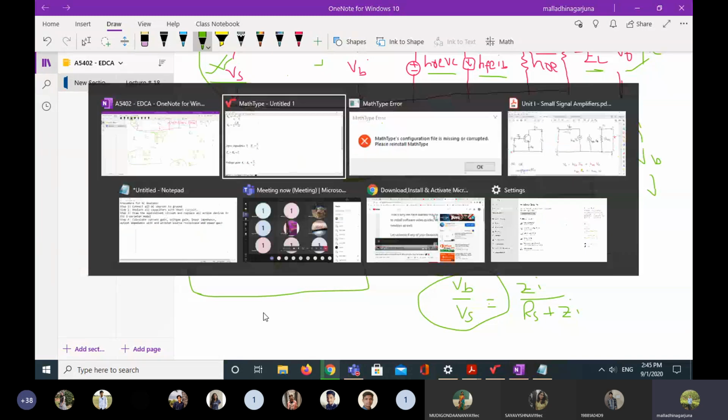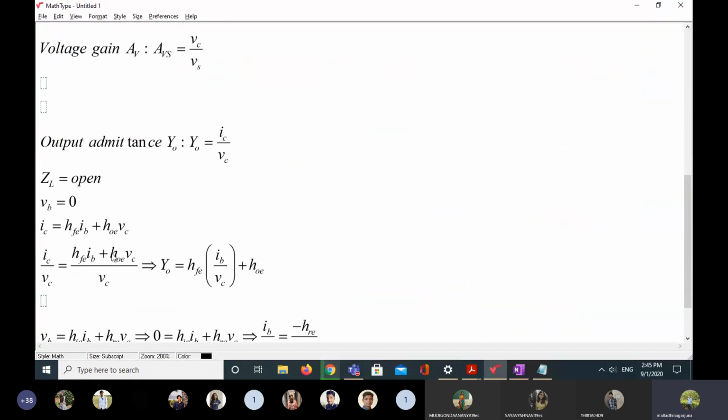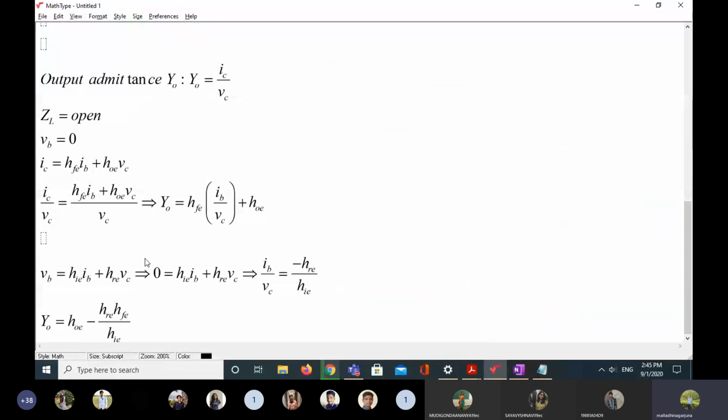The last one, output admittance. It is the same as the output admittance without source, with only one difference.